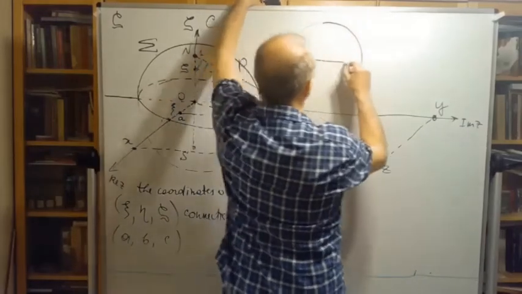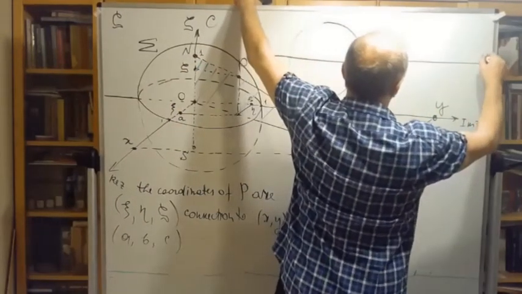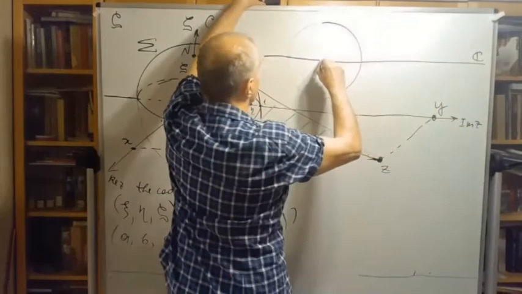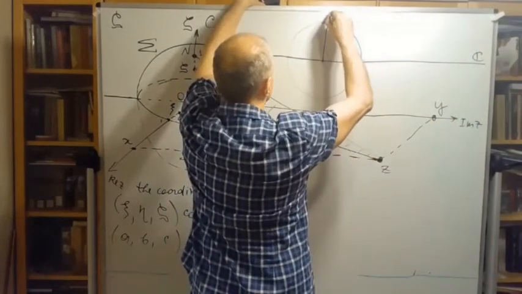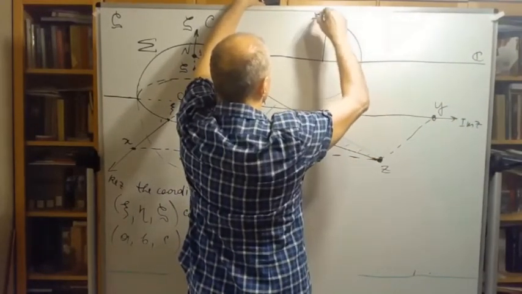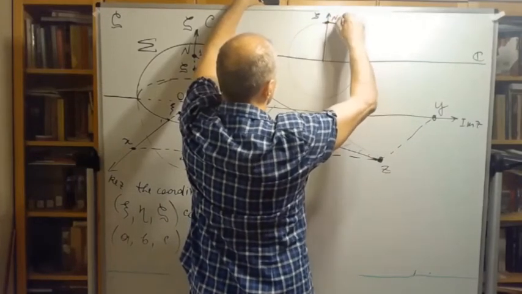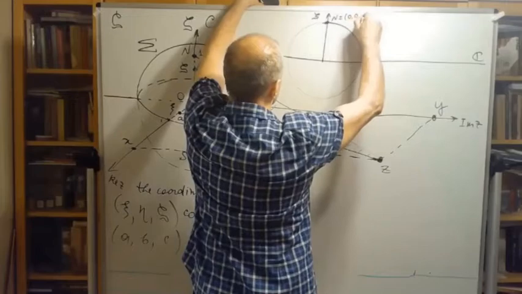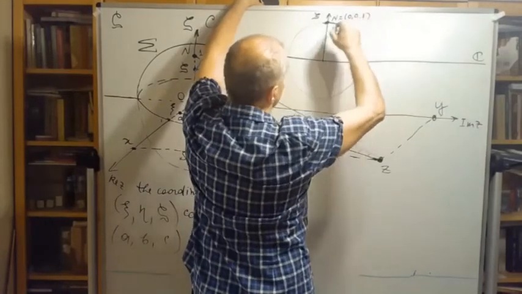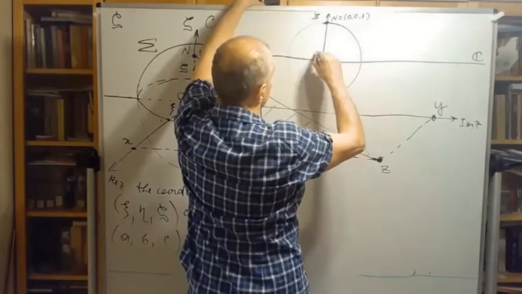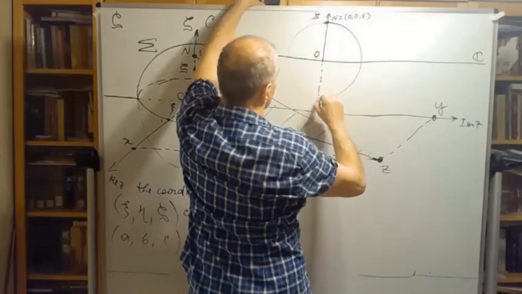And there is a complex plane, I will write it C, and there is the zeta axis, there is North Pole with coordinates 0, 0, 1, right? It is just above the origin. This is the origin.